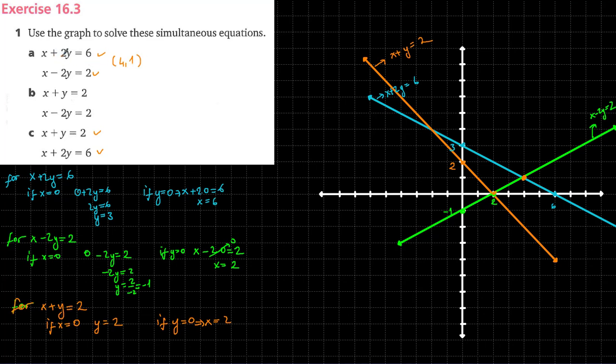Again, I'm repeating: x plus 2y is equal to 6 is the blue line, and x minus 2y is equal to 2 is the green line. The intersection point of blue and green, as you see, is this point, and at this point the value is 4 and 1.